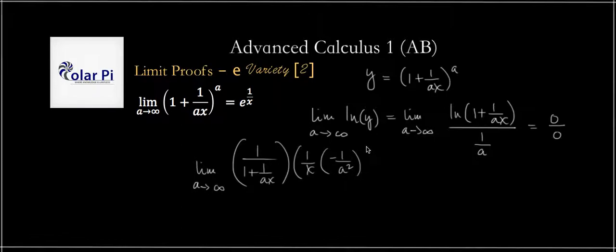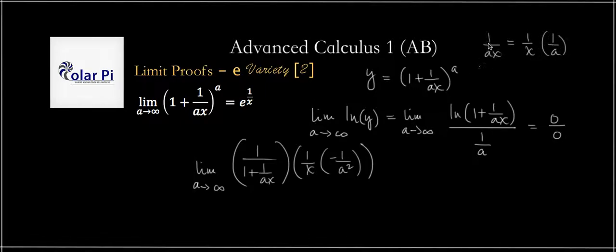I'd imagine that a few of you are going to be confused by what I just wrote, so let me explain. This y is a function of a, so the variable is a, and x is like a constant. When we're looking at the derivative of 1 over ax, it's as if we have 1 over x, a constant, times 1 over a.